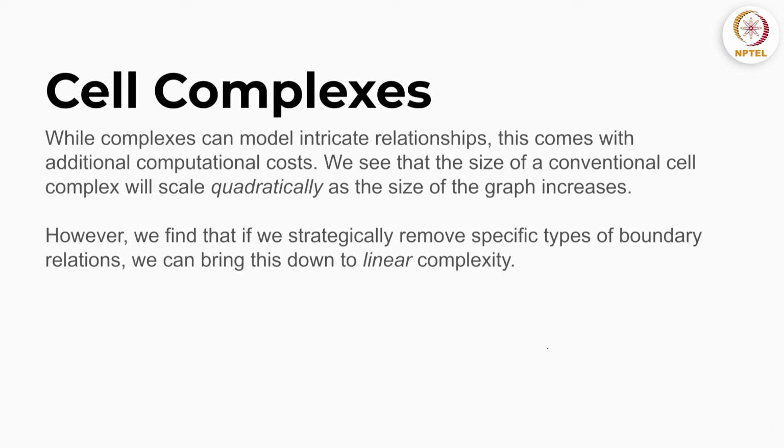It's important for us to make them space efficient while still retaining the quality of them modeling the relationships. What we realize is that if we strategically add the boundary edges, we can bring this space complexity down to linear, which means that the cell complex will actually scale in a straight line with the number of edges as we increase edges. By size, I mean the number of boundary relations.